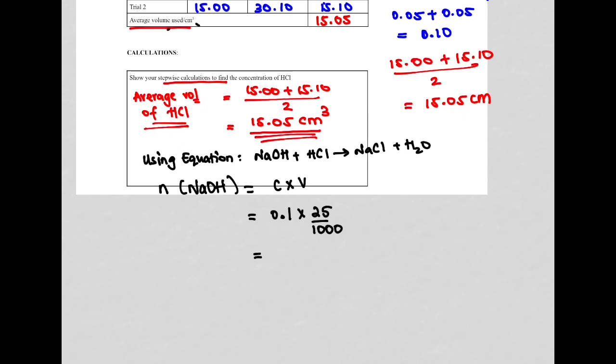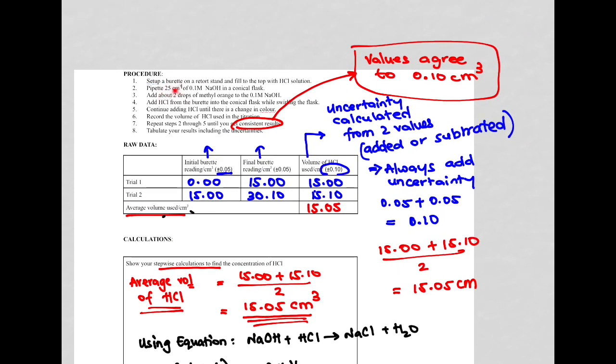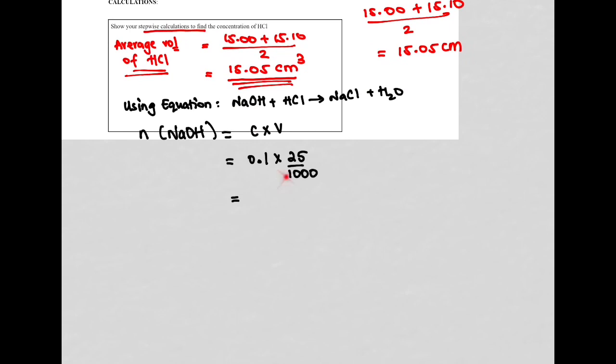So I include the formula, I include the values that I fit in the formula. Remember, volume is in centimeter cube. I need to convert to dm cube, and then I write my answer. If you want to write your answer in standard form, you can, or you can put it in decimal place.